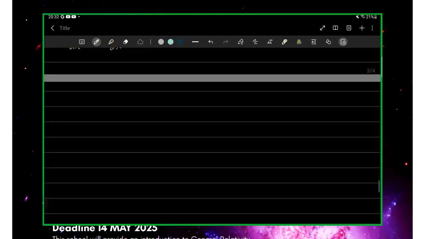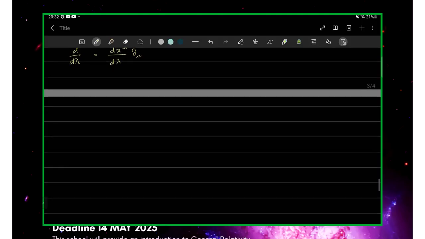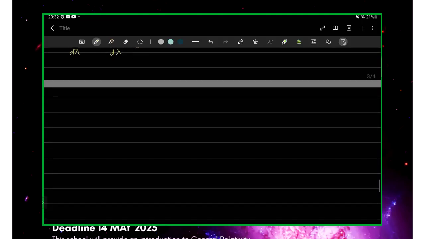Okay, so since we've defined vectors on manifolds, the next thing to do is to introduce the associated covectors. Covectors are also called dual vectors, or basically just vectors with a downstairs index.